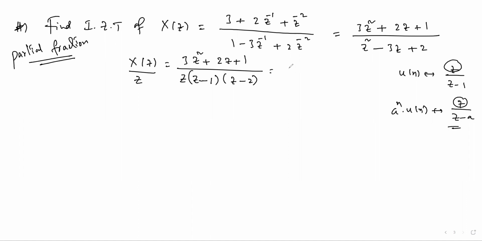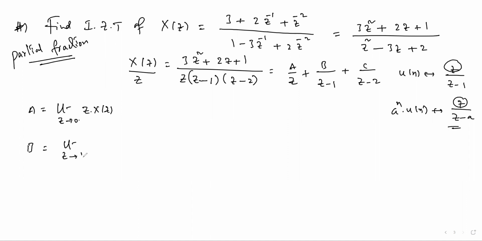Now this one can be written as A by z plus B by z minus 1 plus C by z minus 2. Now A, B, C values, how can we calculate this? This residue A is equal to limit z tending to 0 z into x of z. B value, how can we find this? Limit z tending to 1 of z minus 1 multiplied by x of z.